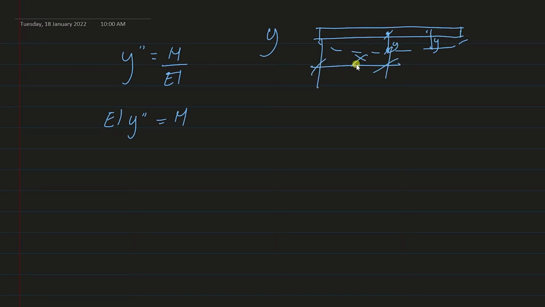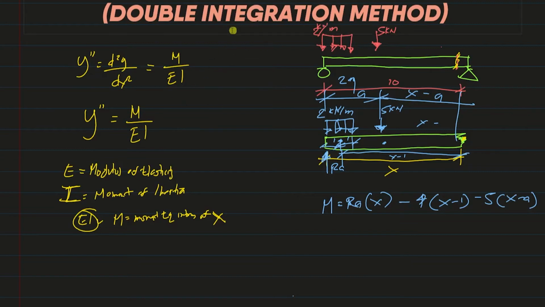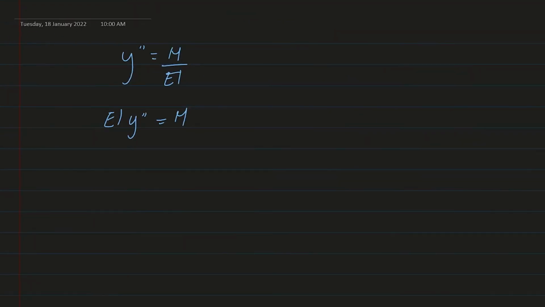Okay? So, this is the X term and this is the Y term. Now, yung hinahanap natin is Y or the deflection, hindi Y double prime, di ba? So, how will we turn Y double prime into Y? Well, we will do integration. That is why the topic is, double integration method.